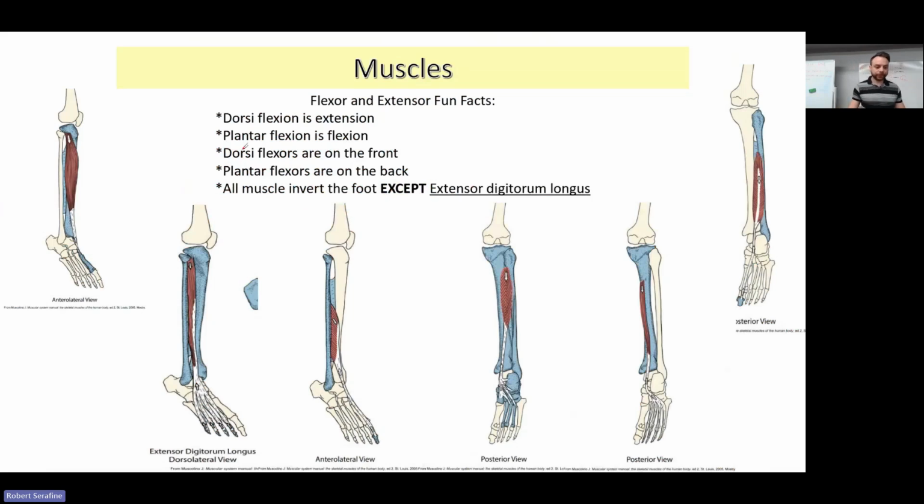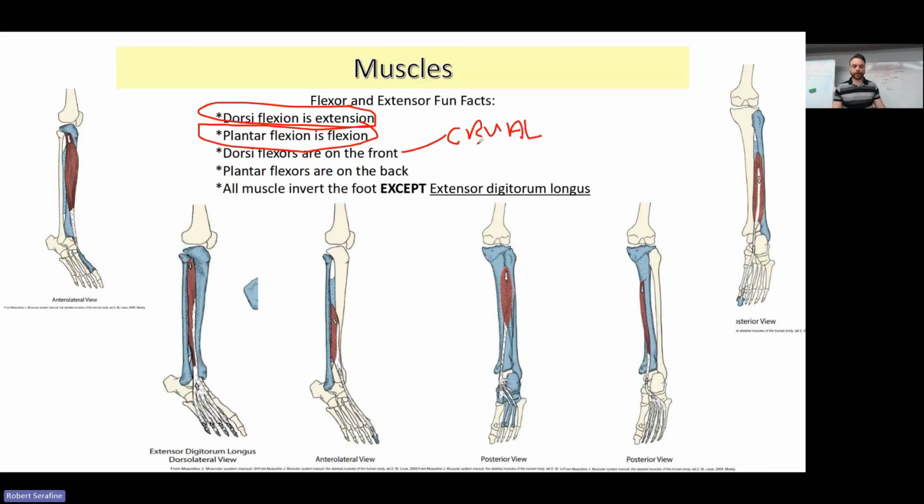So the dorsiflexors are all involved with extension, right? Because dorsiflexion is extension, and plantar flexion is true flexion. So if a muscle is going to dorsiflex or extend my ankle and toes, then it has to be on the front of the leg. We call that the crural region, which is the front of the lower leg.